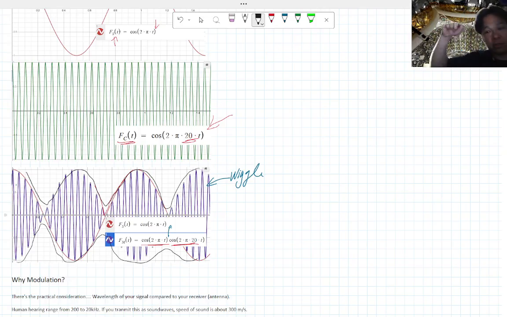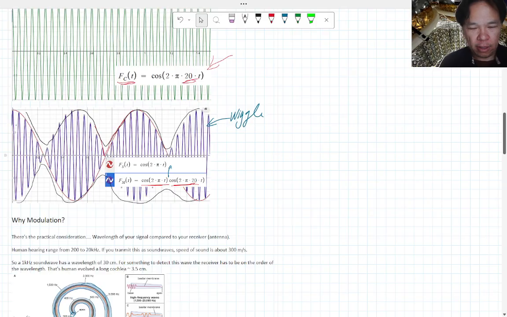And it's not due to the wiggle, it's due to the fact that you have this modulated signal inside your product wave. Just to be a little clear, typically in general physics, they would teach you how to add. This is due to adding and subtracting waves. This is due to multiplying waves together, okay? And we're going to see how that turns out to be the same thing.